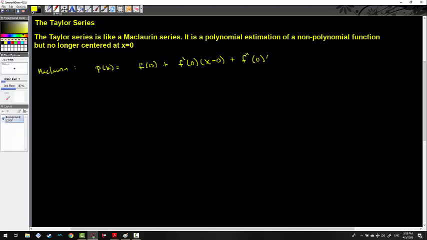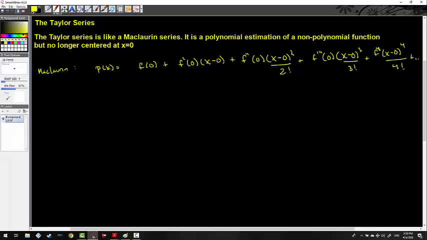So f double prime of 0, and then x minus 0 squared over 2 factorial, plus f triple prime of 0, x minus 0 cubed over 3 factorial, and then I'll just go ahead and do another one just because I feel like it, x minus 0 to the 4th over 4 factorial, and so on and so forth.